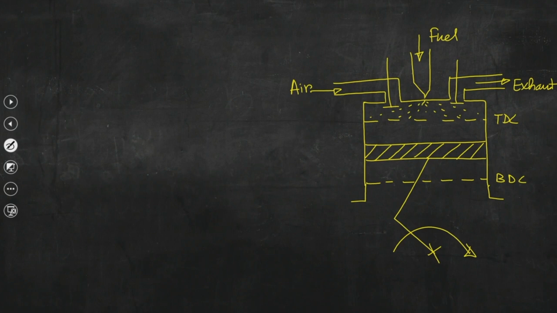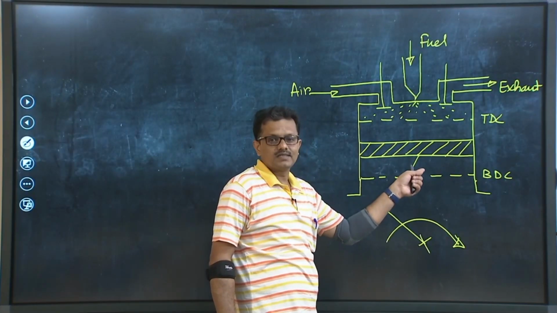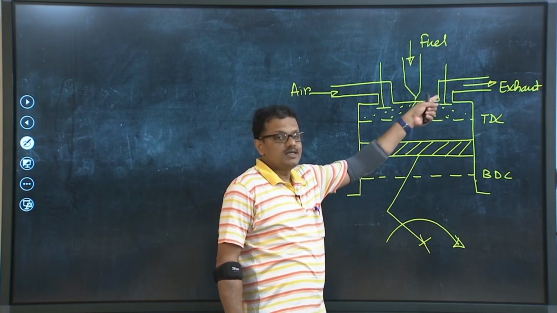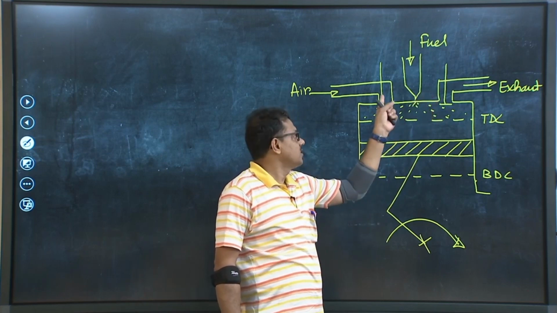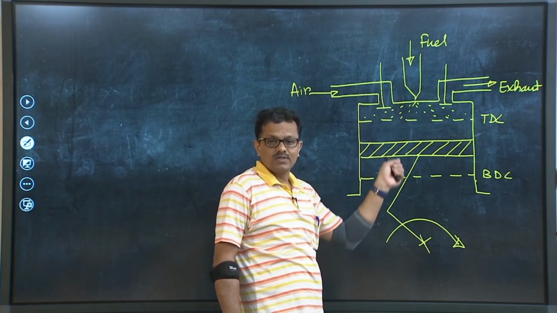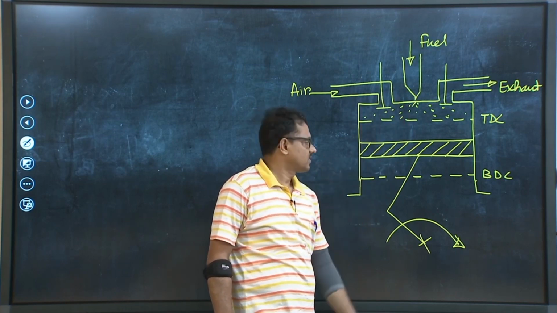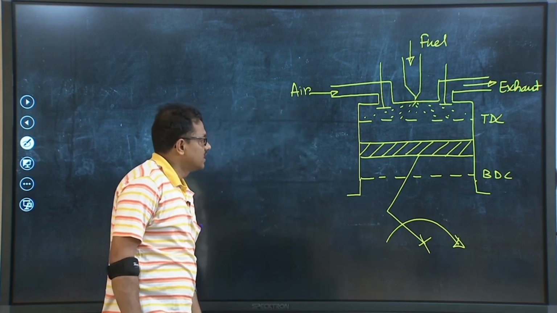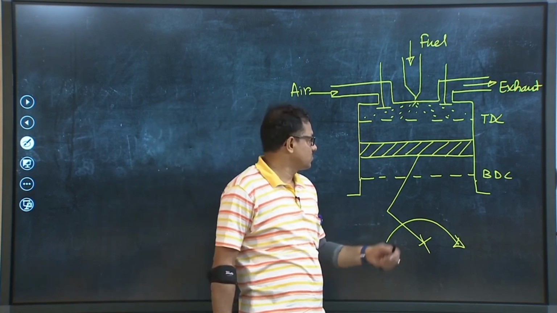This is the intake valve and this is the exhaust valve. The first stroke is the intake stroke. During this stroke the piston travels from top dead center to bottom dead center, while the exhaust valve remains closed but the intake is open and fresh air is drawn into the engine cylinder. That is the intake stroke. The next stroke is the compression stroke.